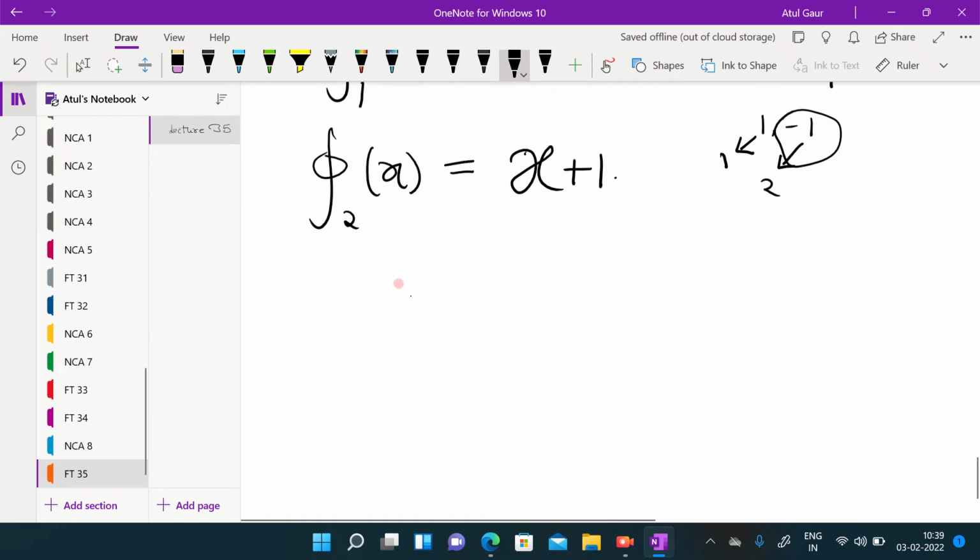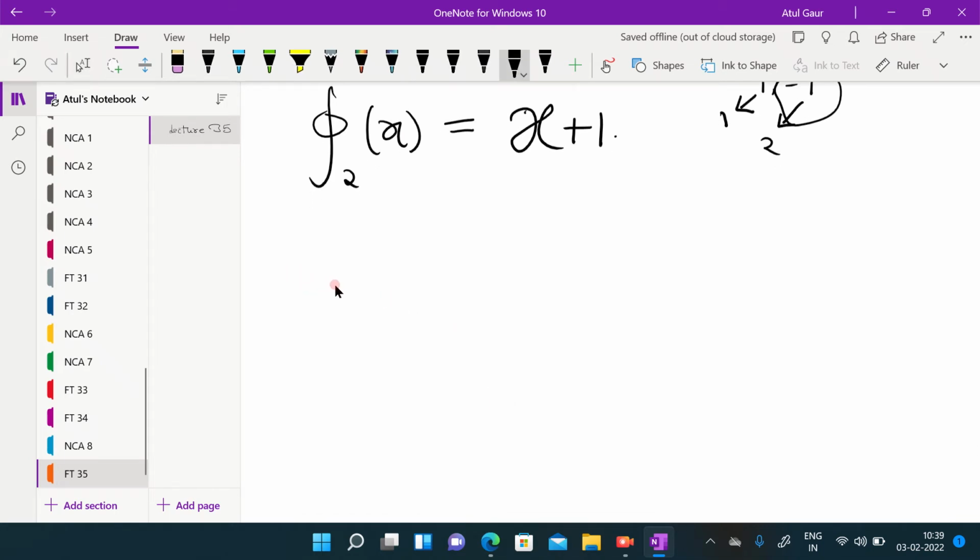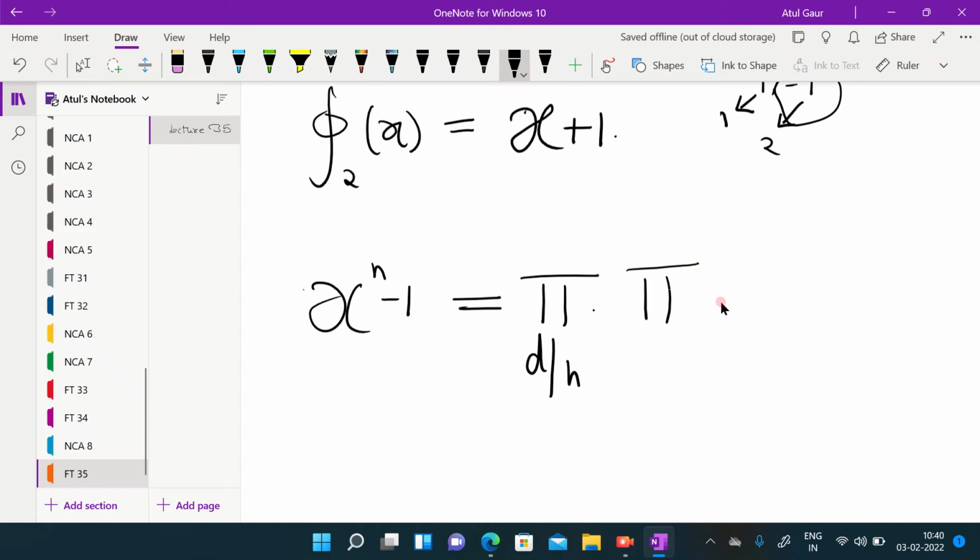Now what I want to conclude is that x to the n minus 1, this product is the same as the product over divisors d of n of the product of x minus tau, where the order of tau is d.